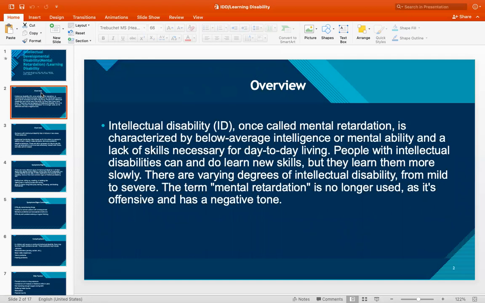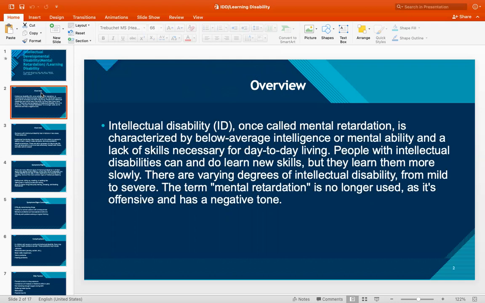Pretty much IDD is what we call it. Once it was called mental retardation, that is no longer the term that we use. We go with IDD or ID, which is the intellectual developmental disability.